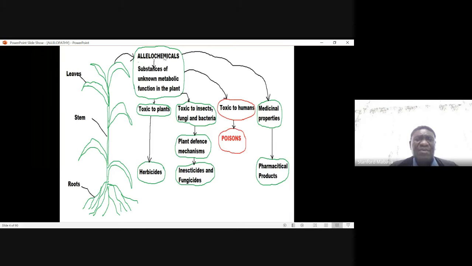Most of those allelochemicals, we don't understand their metabolic function. When they are within the plant, they are just produced by the plant, but we cannot identify some processes which they affect within the plant which is producing them.